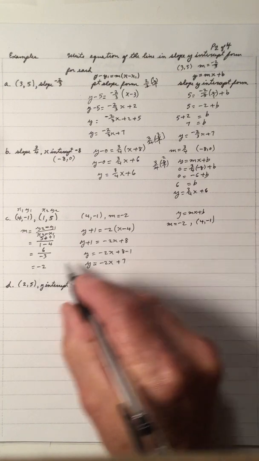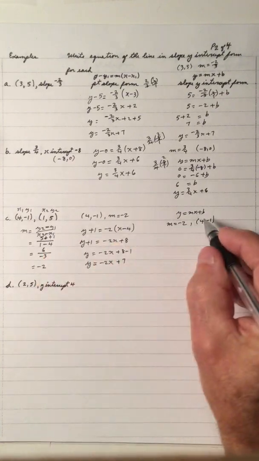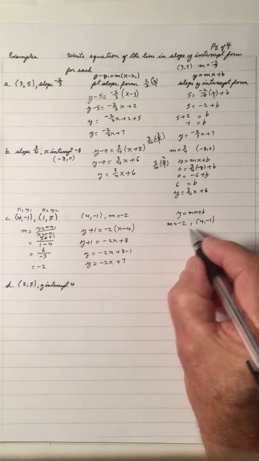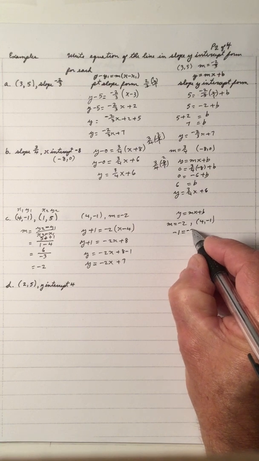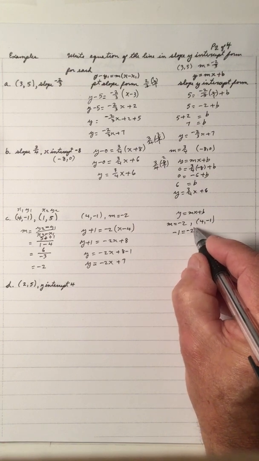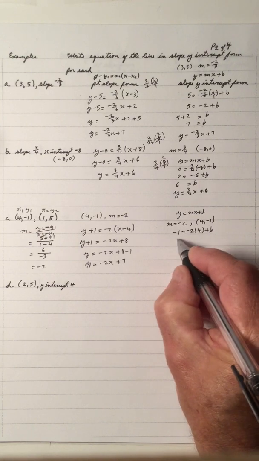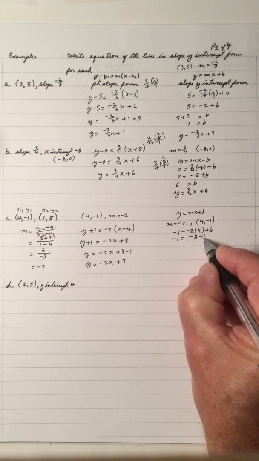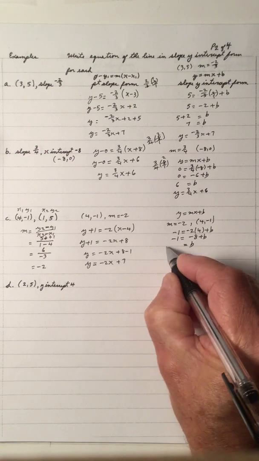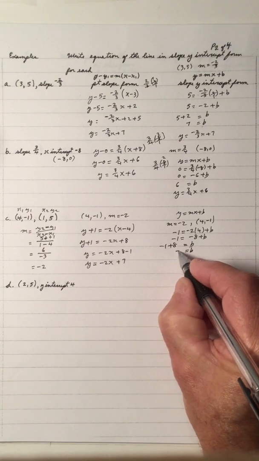So when I have a slope worked out as -2, I can take this point or the other point and plug it in. So when I do, y is -1, the slope is -2, the x is 4, and when I work that out, I have to multiply to get -8, and b is -1 plus 8, so b is 7.